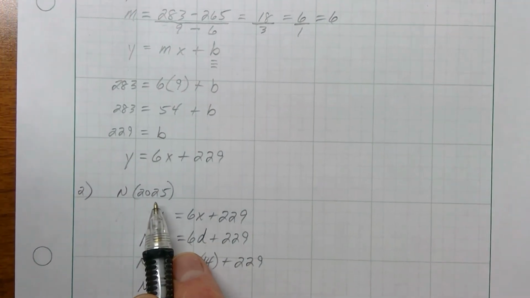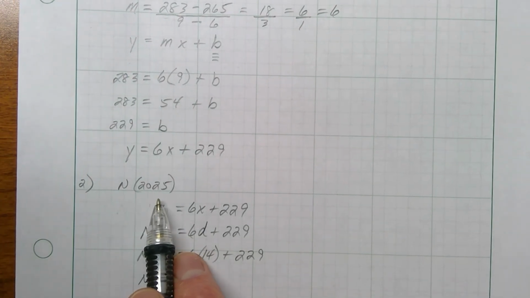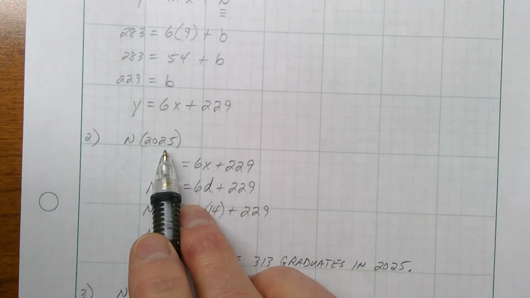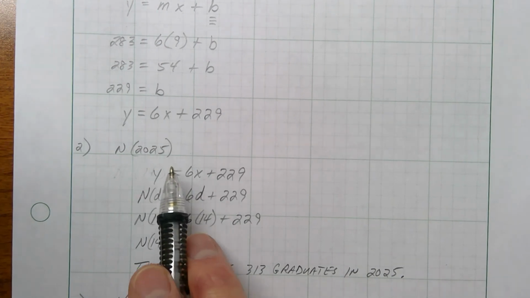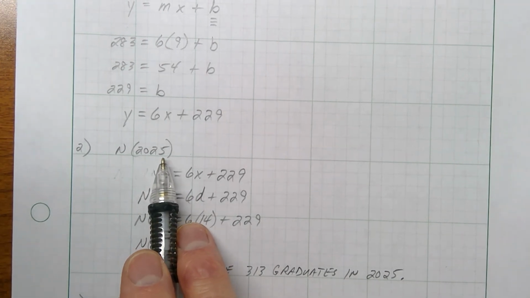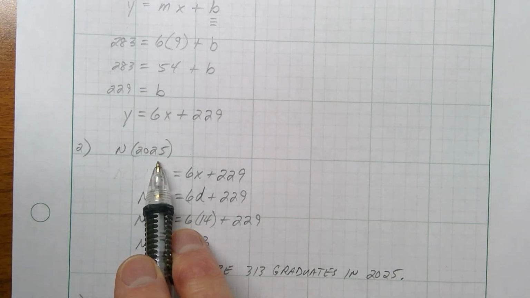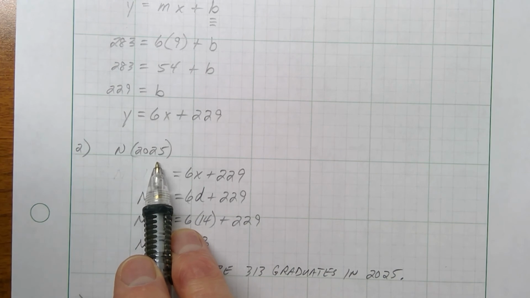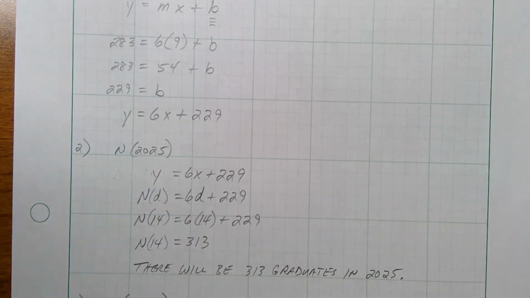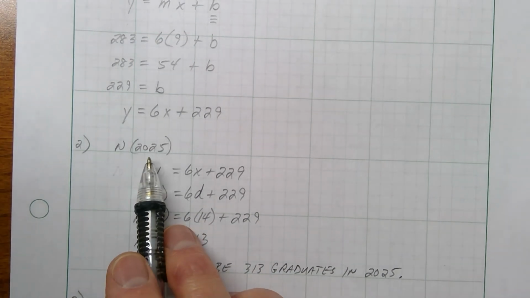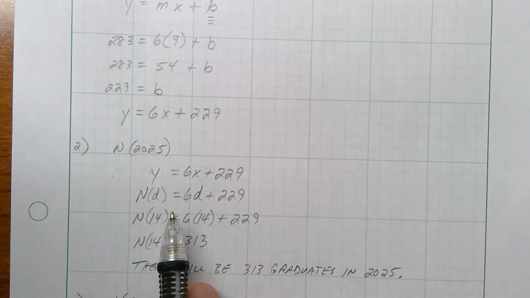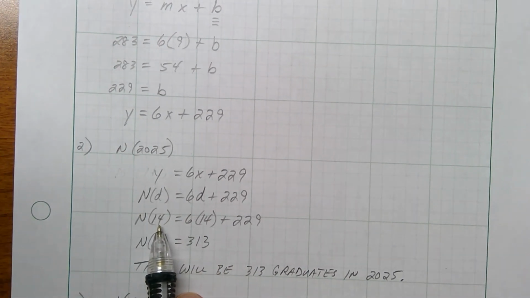All right, number 2, I want to know how many graduated in the future, 2025. Well, the first thing I have to do is figure out how many years in the future that is. So this turns out to be 14 years in the future. Just take 2025 minus the first value in our table, which tells us that this is 14 years later.